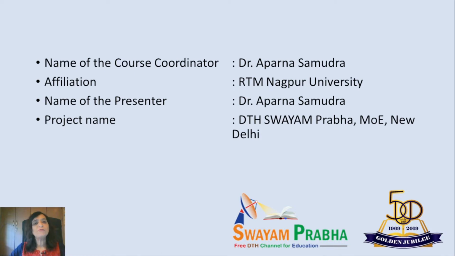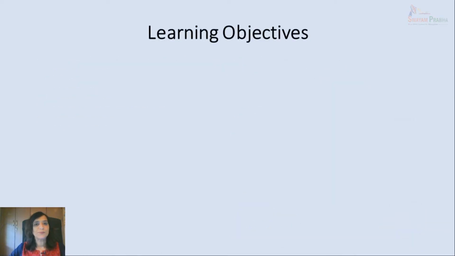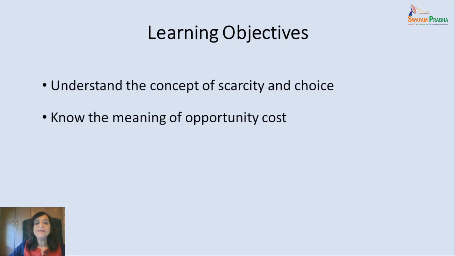I will be taking you on this journey of understanding the various concepts of microeconomics. In today's first lecture of this course, let us look at what we are going to understand. The first learning objective of today's lecture is to understand the concept of scarcity and choice.